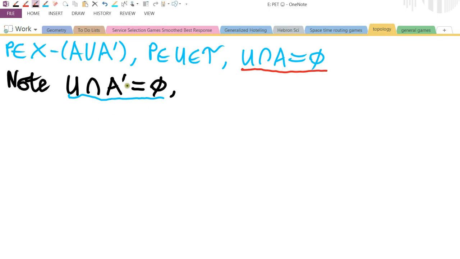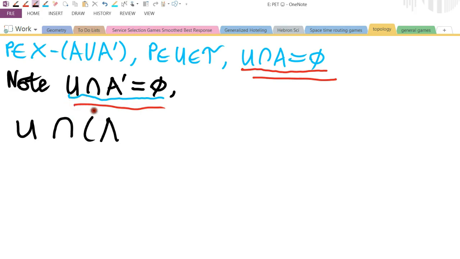So now we have these two points here and here. We just get that U intersection A union A dash is empty.